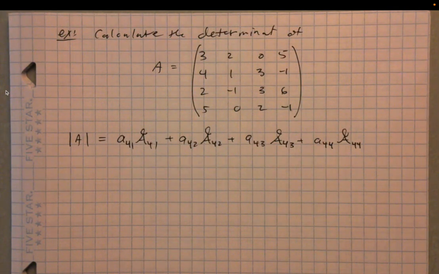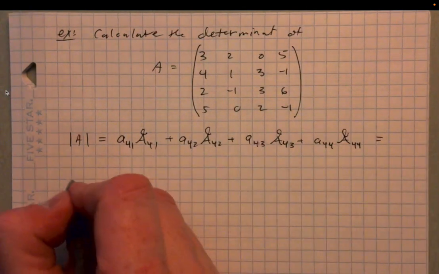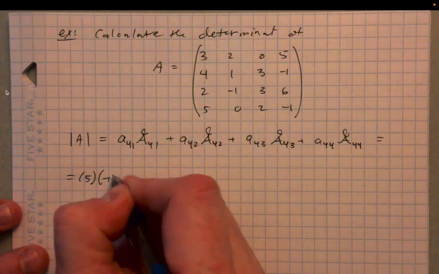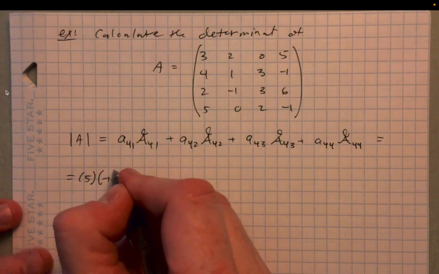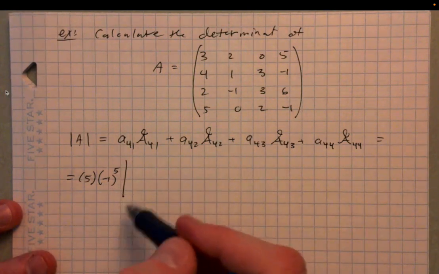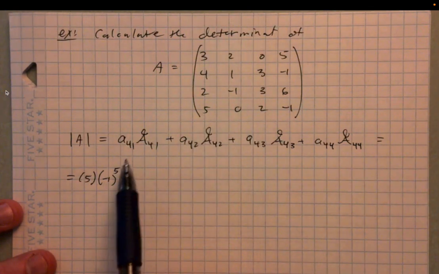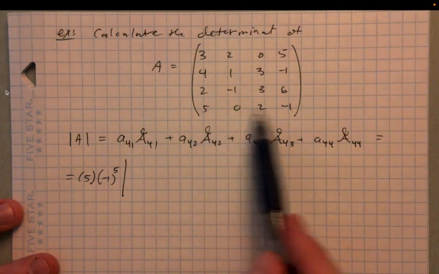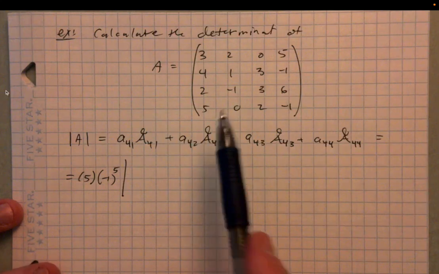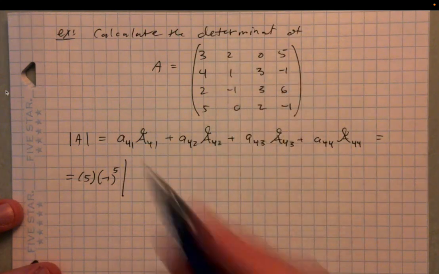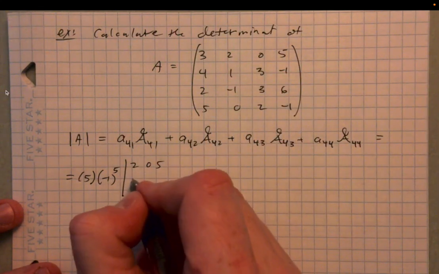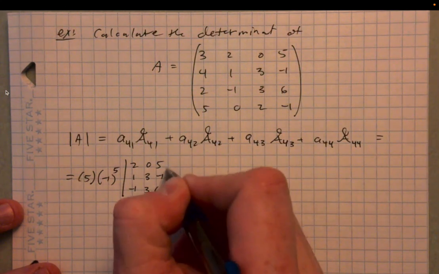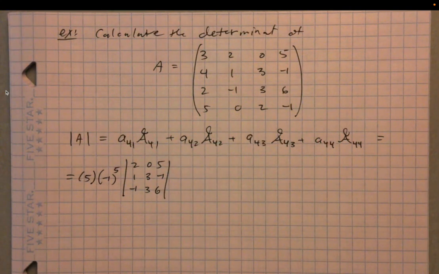All right, and so we can write this out. A41 is the number 5, and then times negative 1 to the 4 plus 1 power, which is the 5th power, and then times the submatrix that you get by deleting the 4th row and the 1st column, right? So you have to imagine this row gone and this column gone. And so it's basically this 3 by 3 up here, isn't it? 2, 0, 5, 1, 3, negative 1, negative 1, 3, 6.